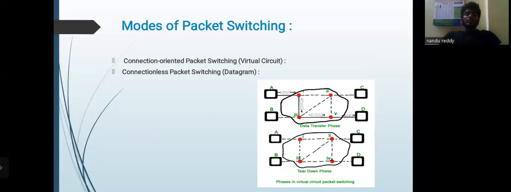These are the modes of packet switching: connection-oriented packet switching and connectionless packet switching. Connection-oriented packet switching is called virtual circuit, and connectionless packet switching is called datagram. Let's see this diagram clearly.